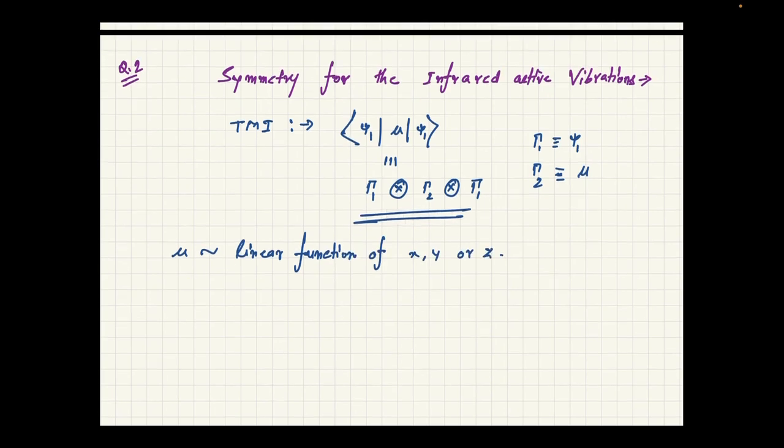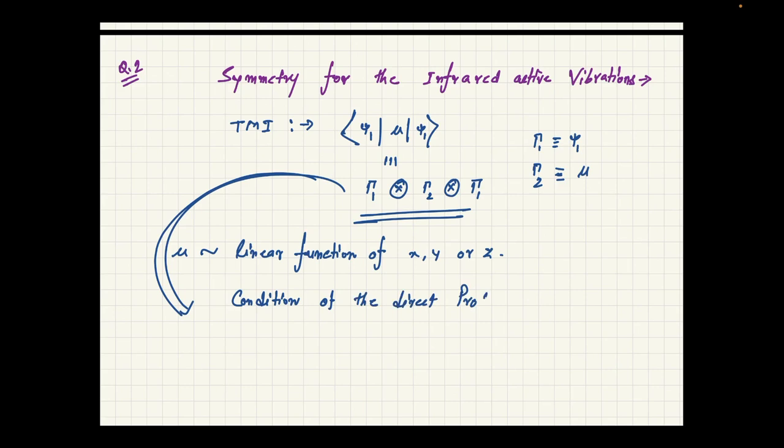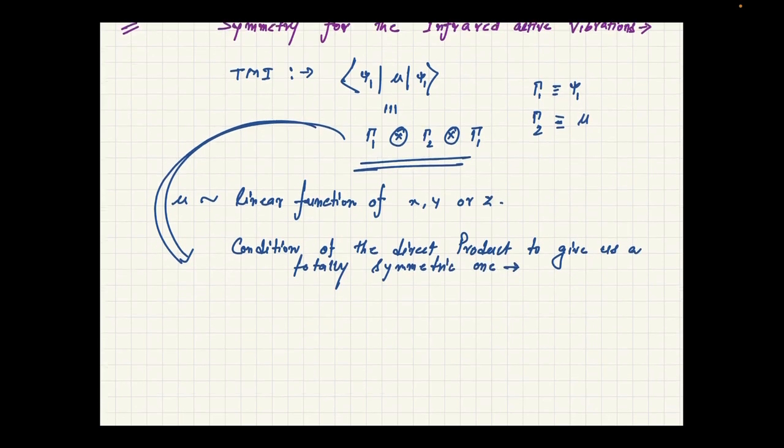Now the condition for this direct product to give us a totally symmetric representation is that gamma 1 has to be equal to gamma 2.